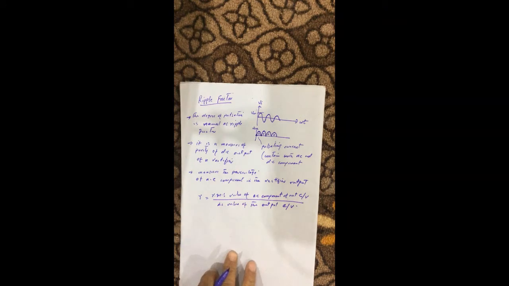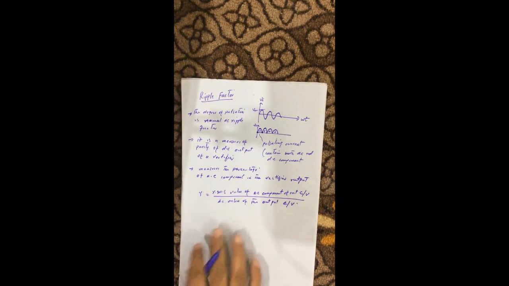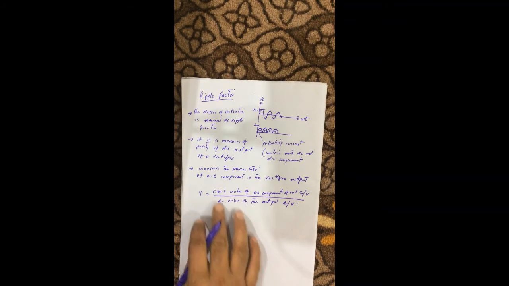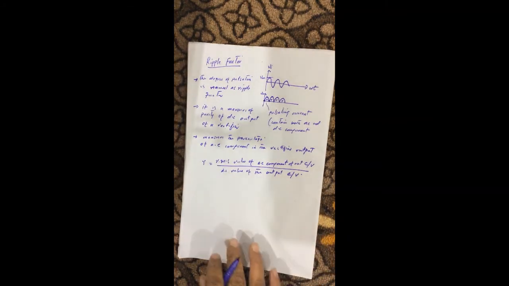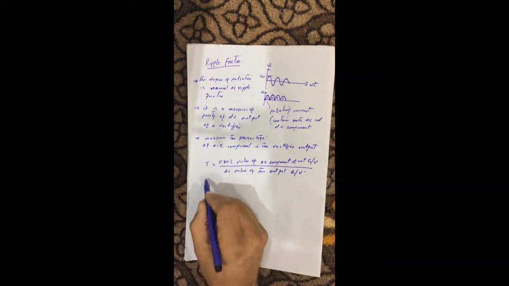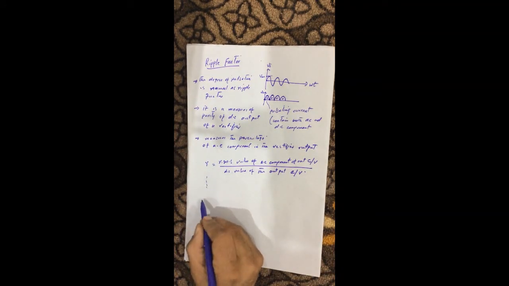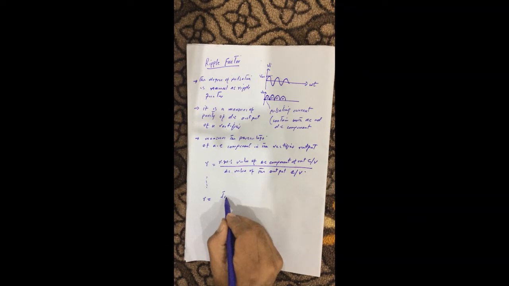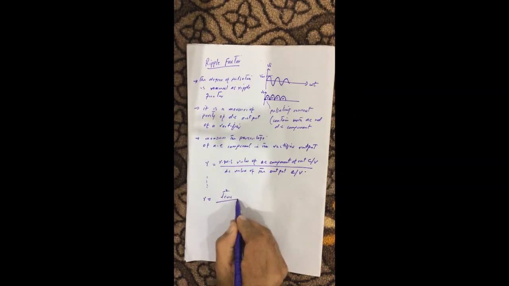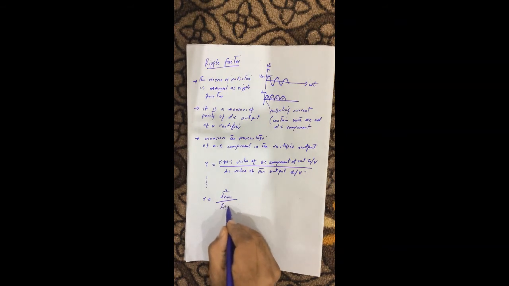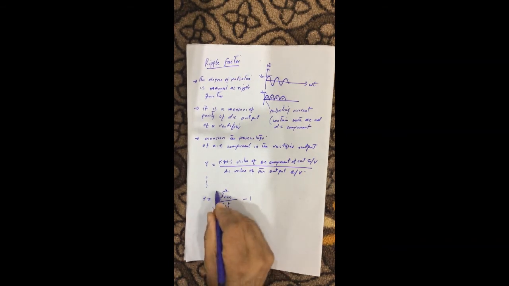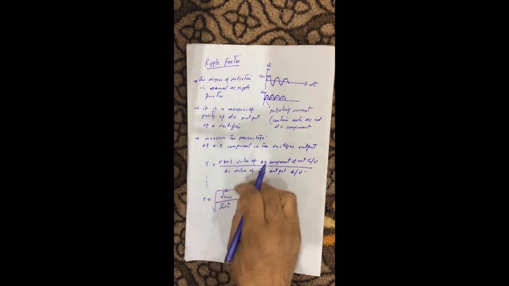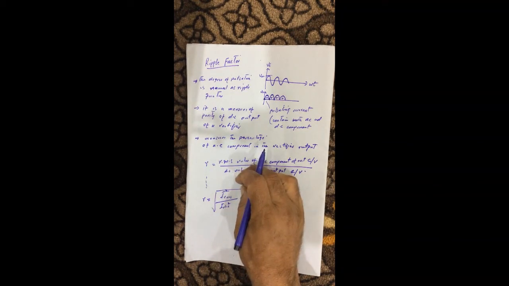I'm not going into the detail of this one because we already did it in the case of the half wave rectifier. We have a very long proof, so go and repeat your previous video, but I will write the direct equation. After a lot of calculation, we reach this equation: ripple factor is equal to the square root of I RMS squared over I DC squared minus 1.